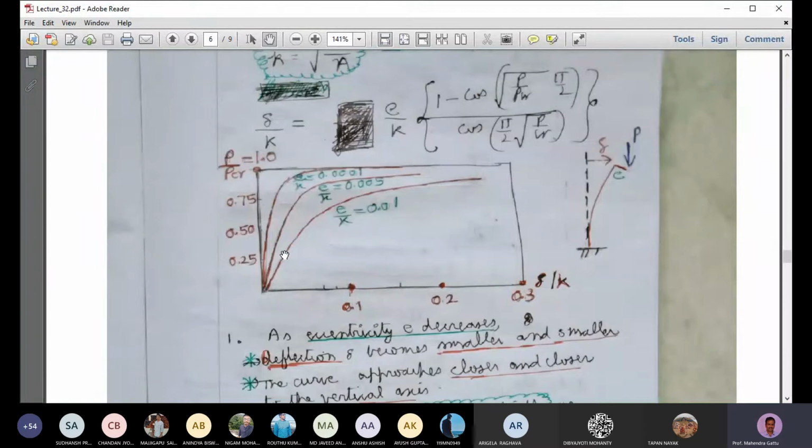If you look at the rightmost curve and the left and the mid curve, for a given applied load, say if you apply a load here 0.5, the deflection is here 0.0105, but for E by K equal to 0.005, that is the problem with lower eccentricity, the deflection is reduced. Similarly, if you reduce the E by K to a still smaller value, that means the eccentricity is very less, that means the load is acting very, very close to the centroid, then the deflections are further reduced.